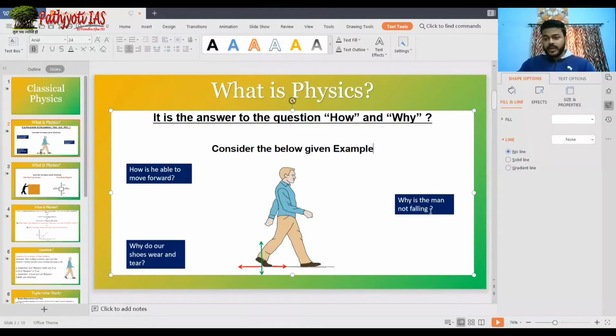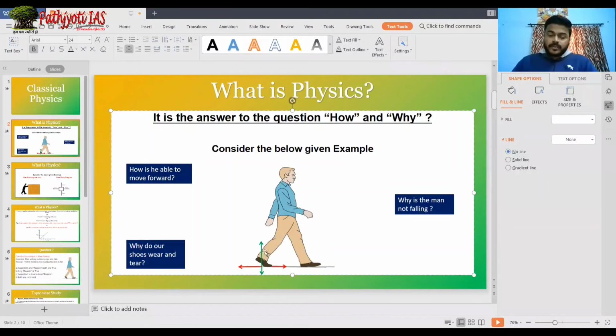If he is walking, then why is he able to walk? He's not falling. Does anyone know the answer to this question? Why is the man not falling and he's able to walk properly? Anyone? Okay, if anyone knows, then please. Okay, friction. Yeah. Okay, fine.